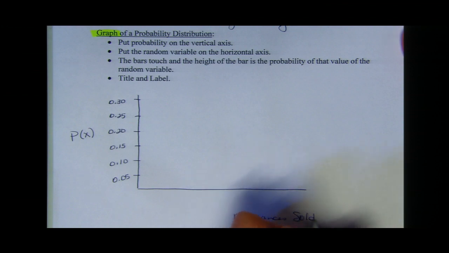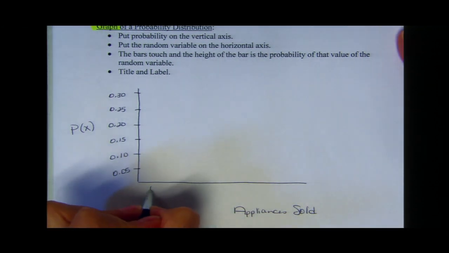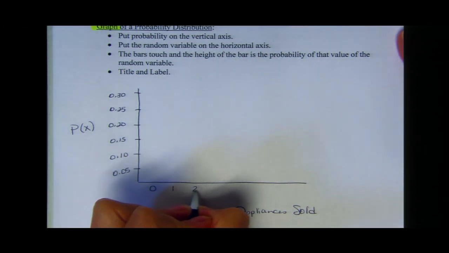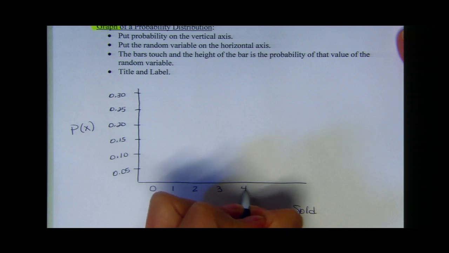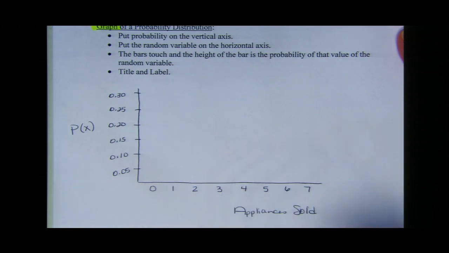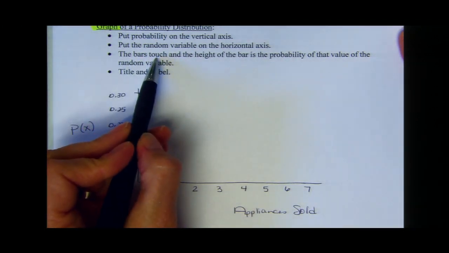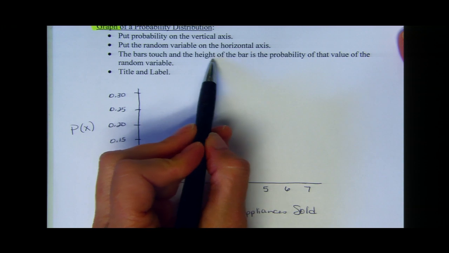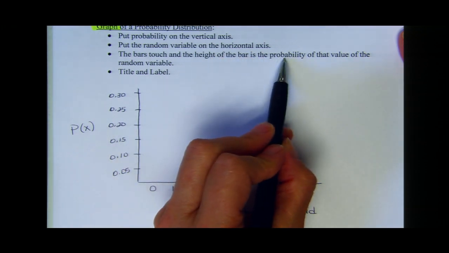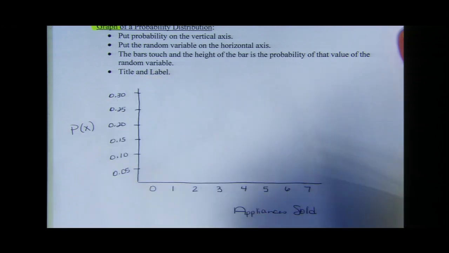It's very important to label and label correctly. And we had 0, 1, 2, 3, 4, 5, 6, 7. The bars will touch, so that tells me I have a histogram. The height of the bar is the probability, and then title and label. We've labeled our axes, but we'll have to title.